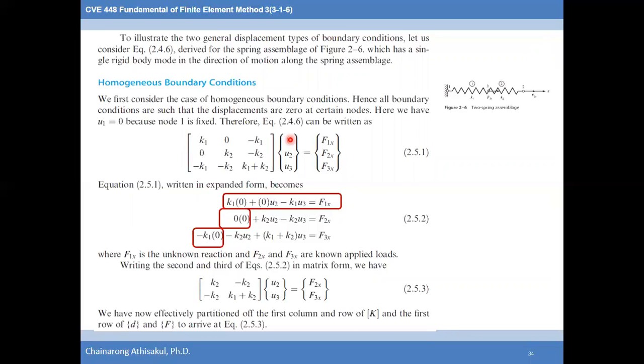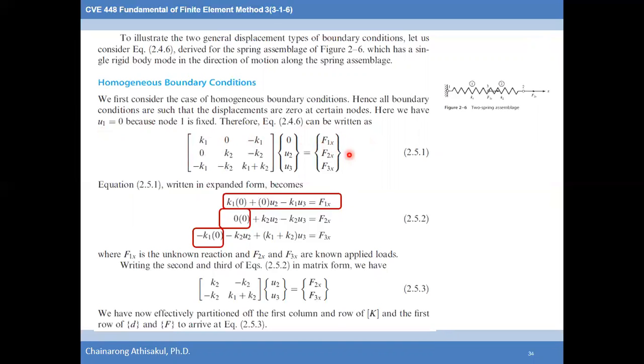But F1 is a reaction force, which is unknown right now. Since we already know that u1 equals 0, u1 is not necessary to find anymore. So we can cut the first row, because it is not necessary to find.